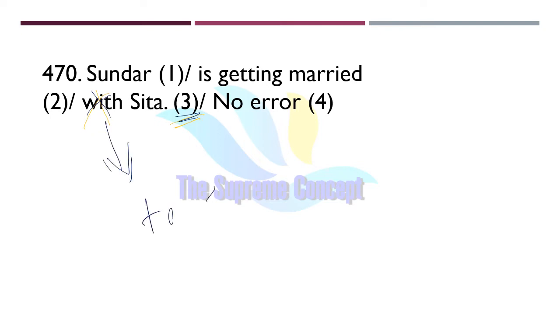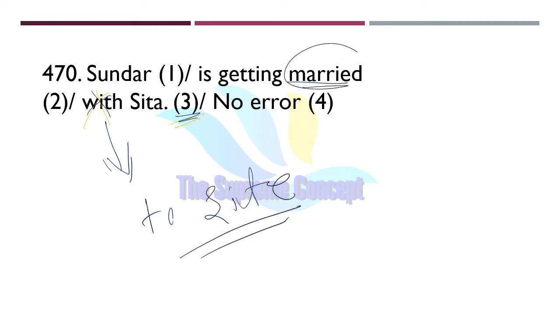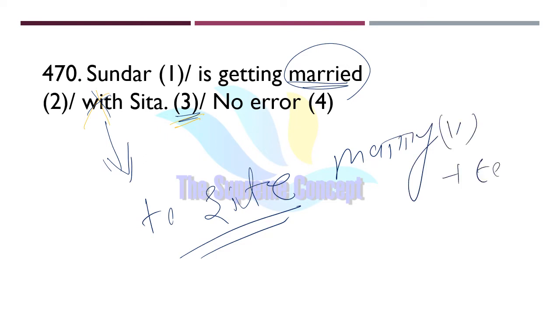To Sita, because marriage follows the to form here. The verb marry agrees with the preposition to, married to someone. So Sundar is getting married to Sita.